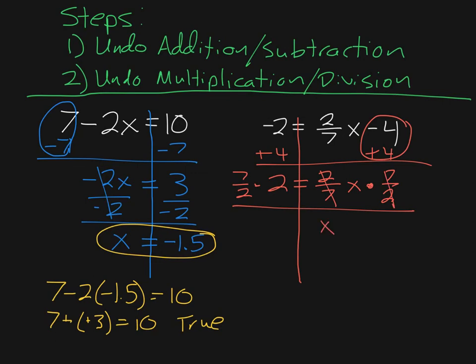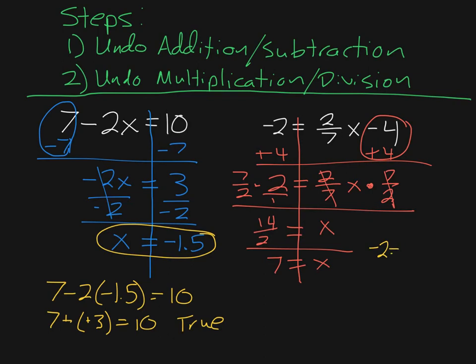We're left with 1x equals, now here we'll make that 2 over 1. 7 times 2 is 14. 2 times 1 is 2. So you got 14 over 2 equals x. But we know that 14 over 2 means 14 divided by 2. That means that equals 7. X equals 7.